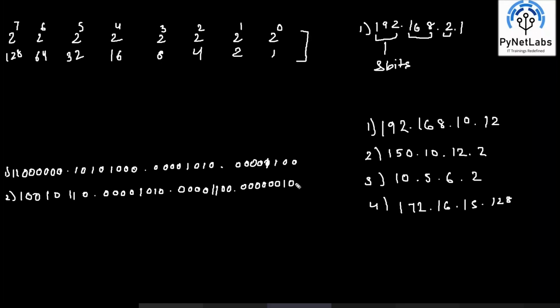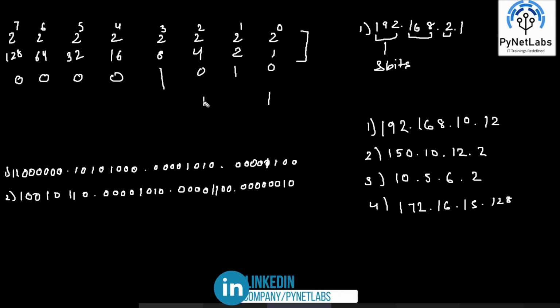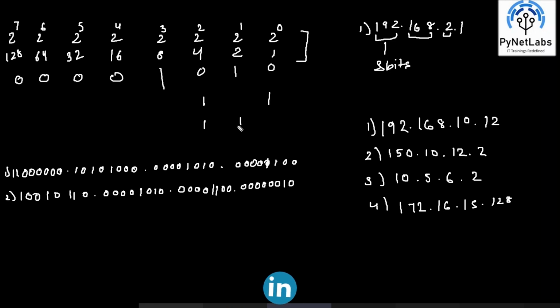So now we have 10.5.6.2. For 10, we will take 8 and 2, and the rest of them will be 0. For 5, we have 4 and 1. If we add 4 and 1, we get 5. And for 6, we can turn on 4 and 2. And for 2, we will take 2 as on, and the rest of them will be 0.